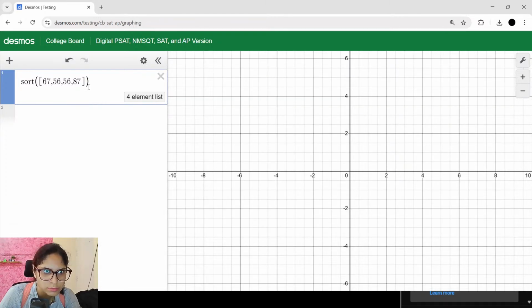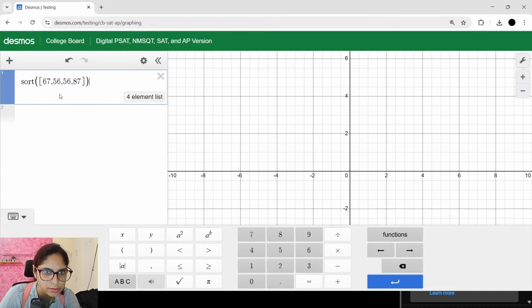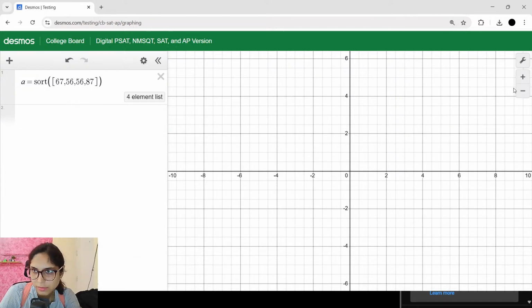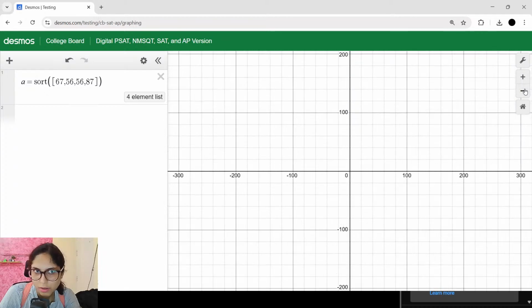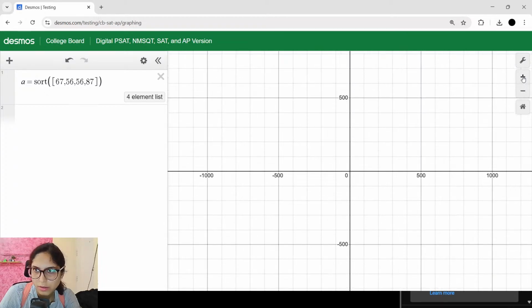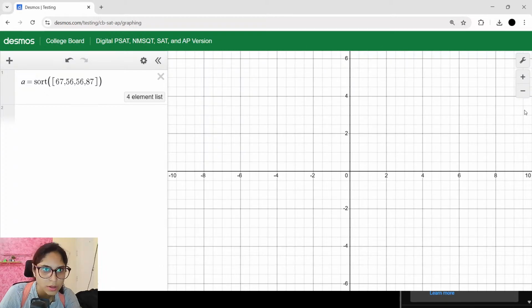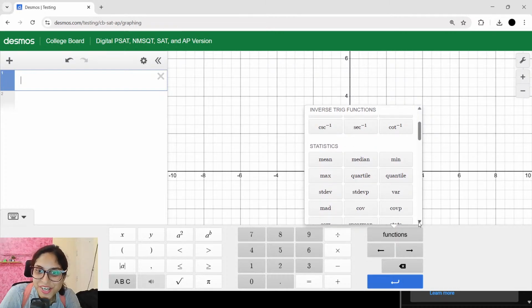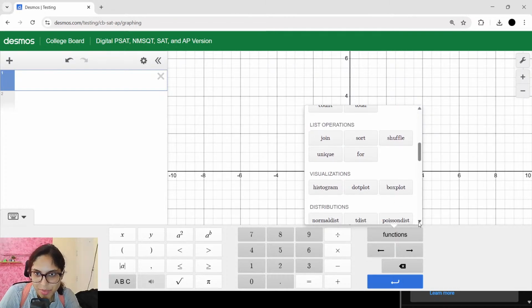And why is it not sorting it? Okay. And you can copy paste your equations also. So yeah, list I've never used, so I don't know how to do any of that. All right, but you can try.